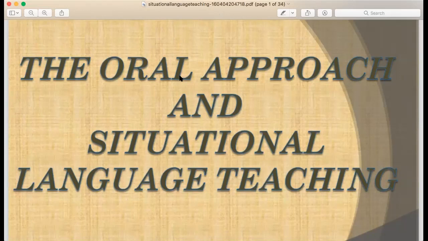So this is a method which is very close to audiolingual method, except for the differences that we have just discussed. Okay, so we'll see. I've already told you that American Streamline is one of the books from the syllabus of situational language teaching, which is being used in many of the institutions, language centers here, and those people might not know that they are using the syllabus of situational language teaching.